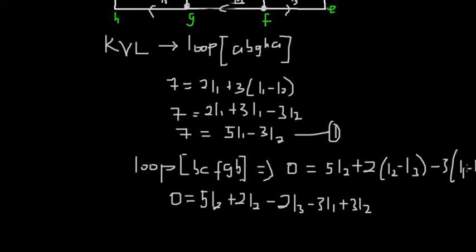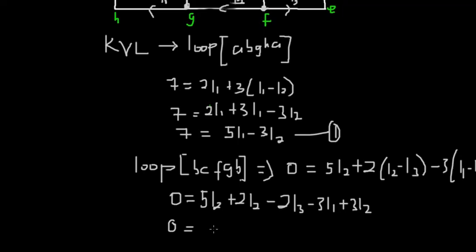Negative gives us positive. Now let's add the I2s up. So we have I2 here, I2 here, another I2 here. Maybe we missed something. We have 5I2, 2I2, 2I3, and then minus 3I1.